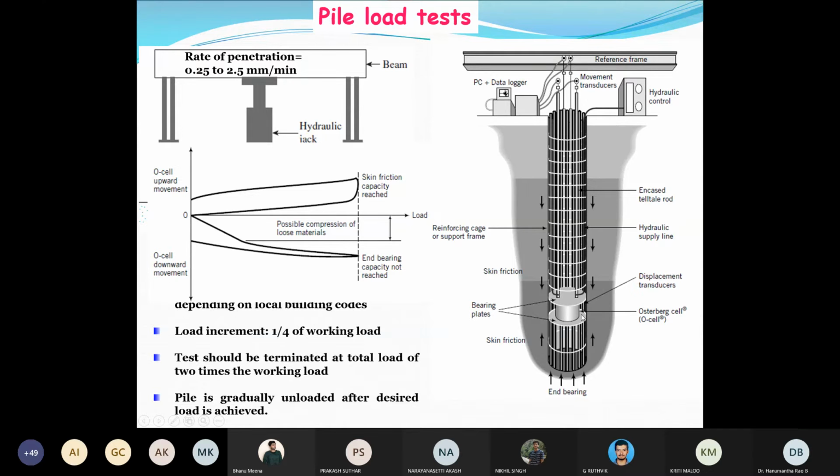I repeat again, when you monitor the movement of the O cell, the downward movement of the O cell is interpreted as the end bearing capacity of the pile, and the rebound of the O cell is interpreted as the skin friction capacity of the pile. Thereby we are taking advantage of both upward and downward movement of the O cell during the pile load test.